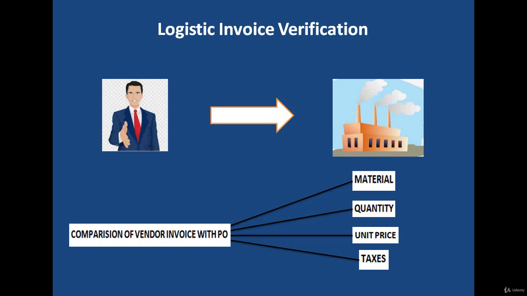The accounting team or finance team is the authorized people to make payment to the vendor. Also, the important thing is the PO reference. As I mentioned earlier, the purchase order reference is very important along with all other parameters.